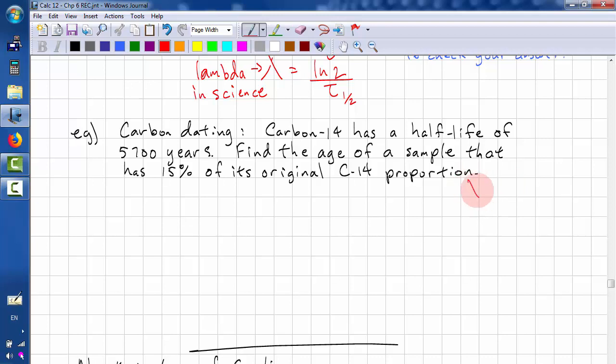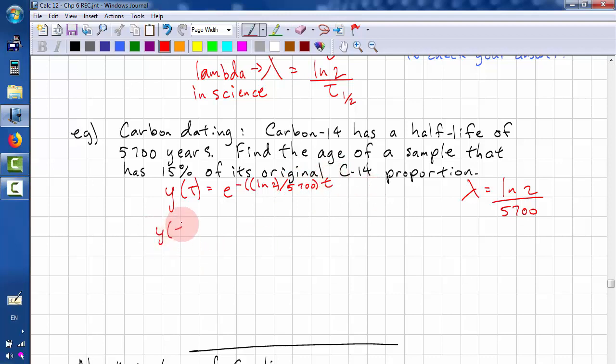Okay, so lambda equals ln 2 over 5,700. Okay, y of t equals e to the minus ln 2 over 5,700 times t.